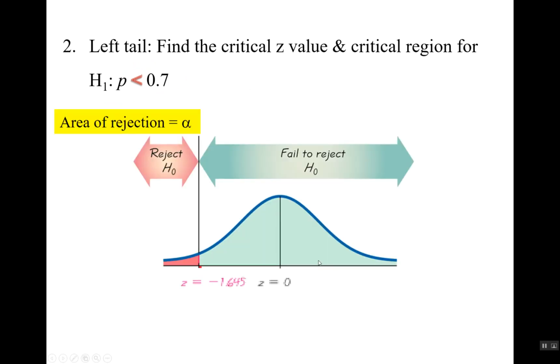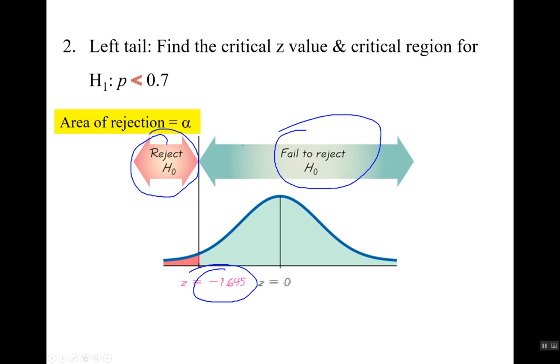It can be found in a similar way in StatCrunch. It's negative 1.645. So this side is the rejection region, or the so-called critical region, and this is the non-rejection region. If your test statistic falls in this region, you're going to reject H0. If your test statistic falls in this region, you fail to reject H0.